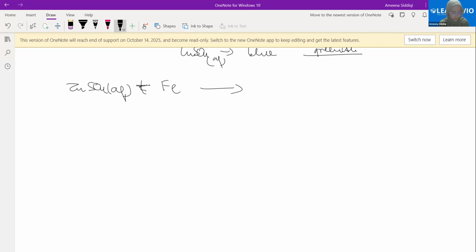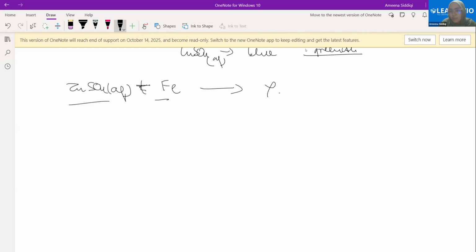There will be formation of zinc sulfate and iron. But zinc sulfate is already there in the reaction. Oh, sorry, ferrous sulfate and zinc. But I don't think so. Iron cannot displace zinc because zinc is more reactive. Exactly. So here no reaction will proceed. It will be there as it is.